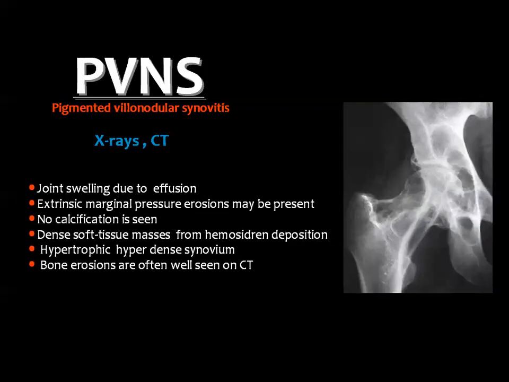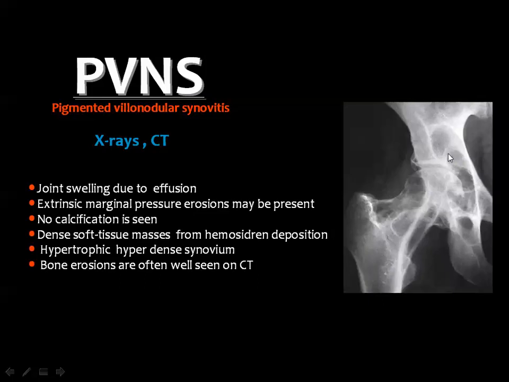In the early days before the era of CT and MRI, we diagnosed pigmented villonodular synovitis from the plain films by these manifestations, which include joint swelling due to effusion, extrinsic marginal pressure erosions, as you can see here, erosions or osteolytic lesions on either side of the articular line, indicating that this is an articular disease or a joint disease, not a bone disease.